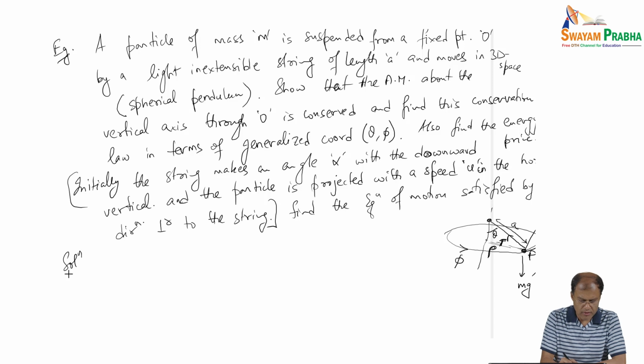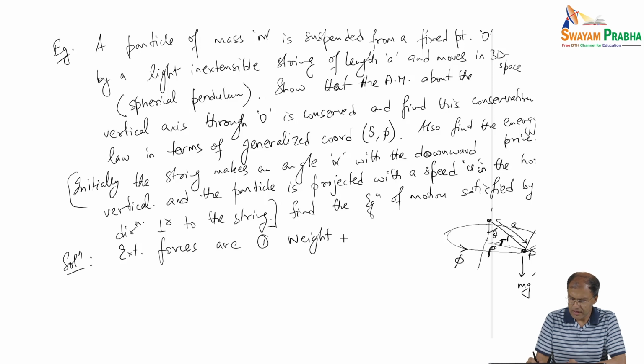So the external forces are the weight of the mass and the tension in the string, and we see that the total moment K0 is the perpendicular distance r cross mgk.